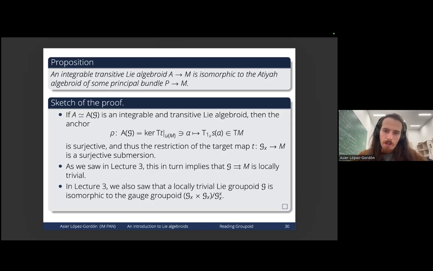By usual results from differential geometry, the target map is a surjective submersion. Sorry, probably here I mixed up the roles of the source and target, but the idea should be clear. And then we just use the propositions that I mentioned.